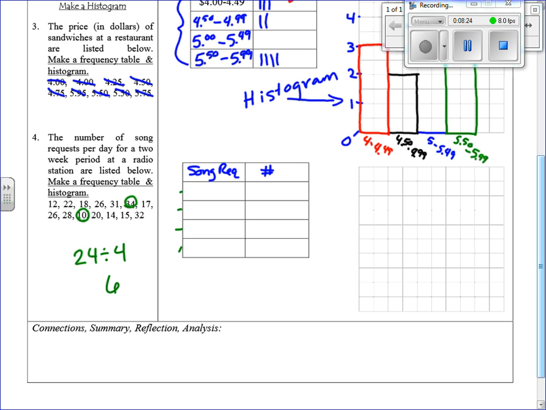So let's see, 10, 11, 12, 13, 14, 15. So we'll say 10 to 15. That's 6. 16 to 21. 22 to 27. 28.